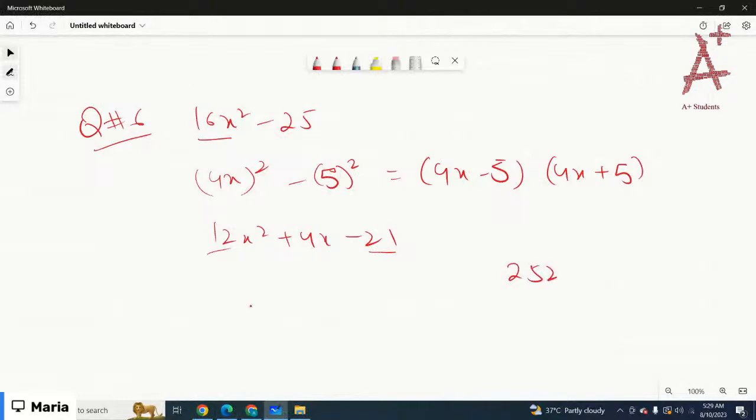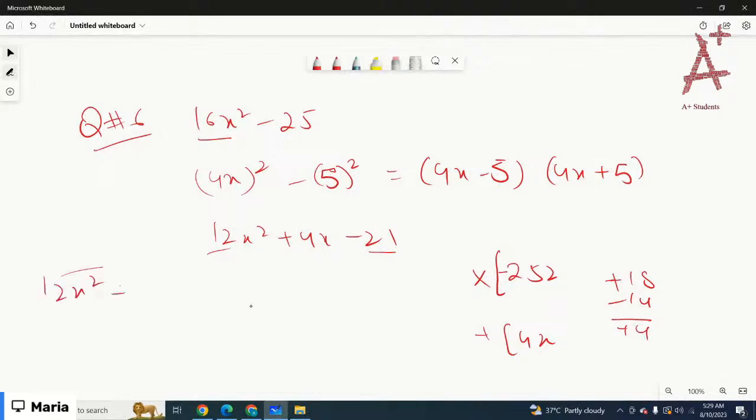So you have to find two factors that when multiplied make negative 252 and when added make 4. What are the two factors? They are plus 18 and minus 14, right? Let me check: 18 times 14 is 252. Yes. And plus 18 minus 14 is plus 4.